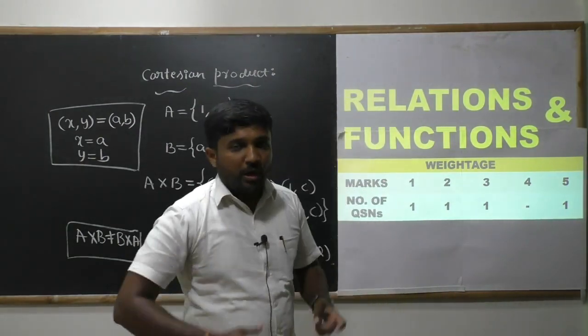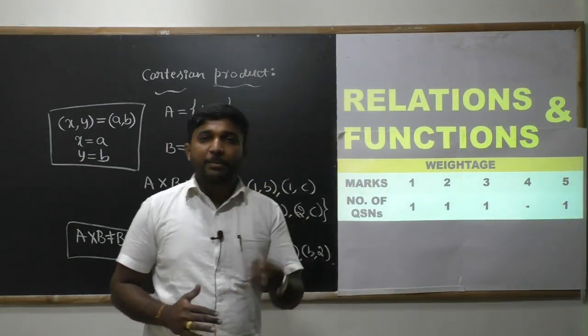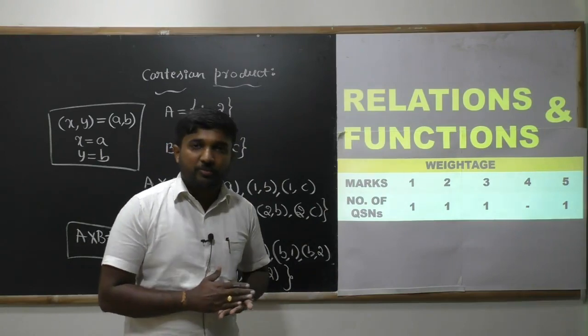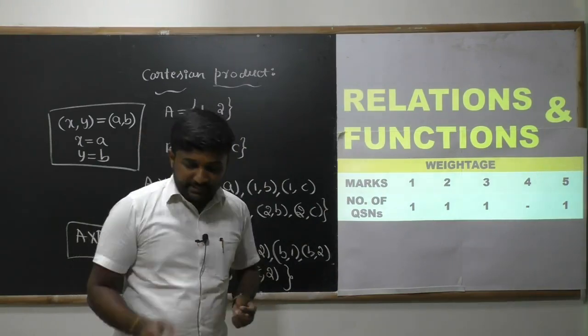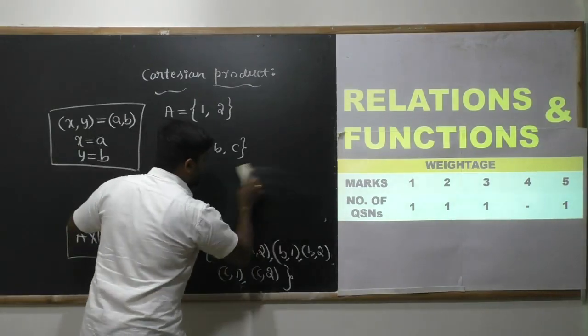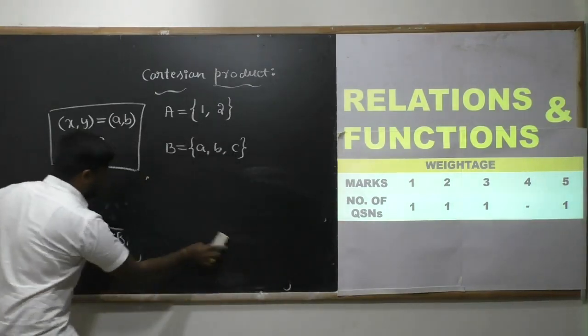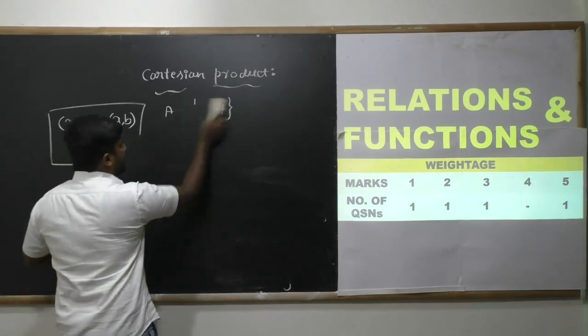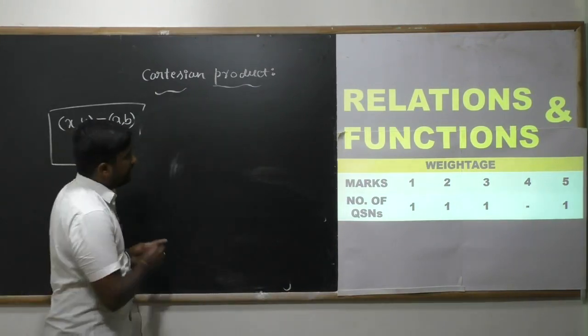Okay, now all of you got the idea of computing cross product or Cartesian product between two sets. Now please note down the definition. Okay, here we have written the example. Now definition. How to define A cross B?